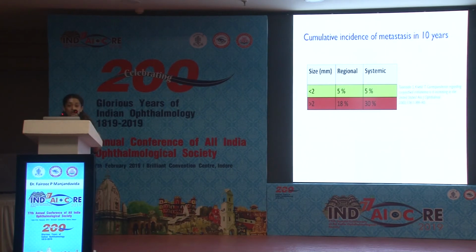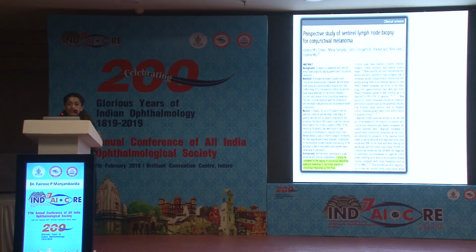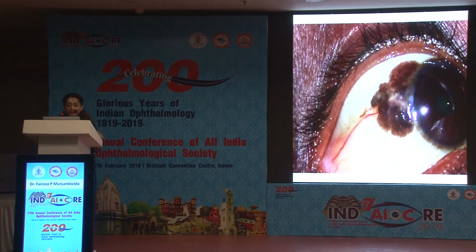By Kivela et al., they have found that anything more than 2 millimeters in thickness, the regional metastasis has been reported to be 18% and systemic metastasis to be 30%. So it becomes mandatory for those lesions which have more than 2 millimeters in thickness to undergo sentinel lymph node biopsy. And these are certain papers which have spoken about the same.